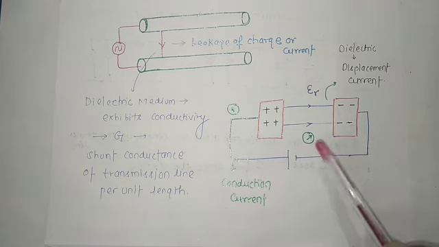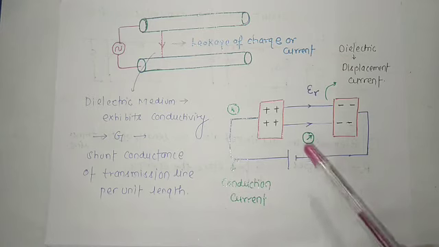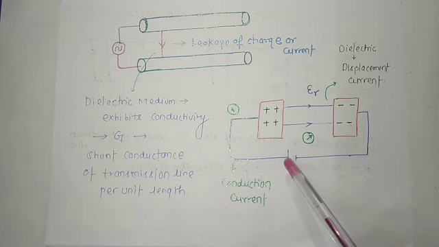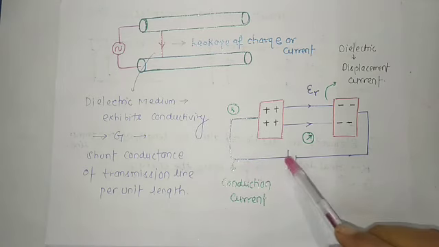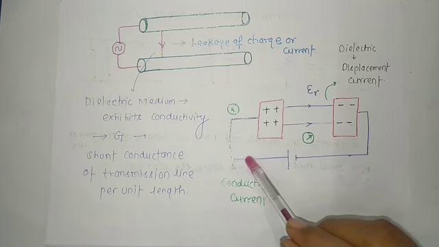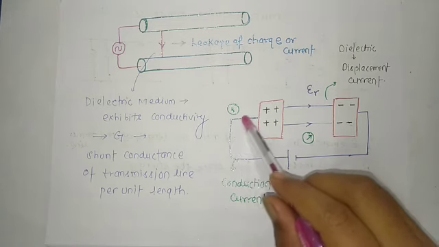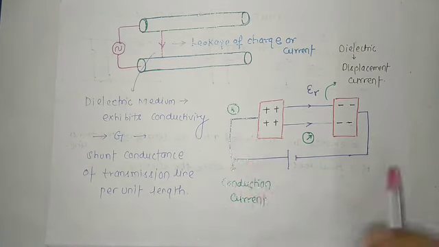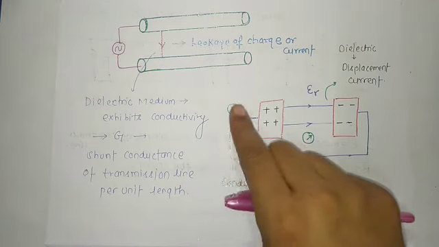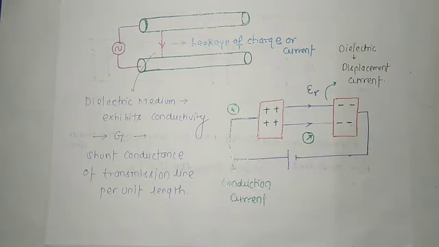Let's take one experimental example. You have a compass, and this is your conductor. Whenever this conductor is carrying current, there will be a magnetic field. Put your compass here, you will see fluctuation in your compass. Put it here, again you will see the fluctuation.